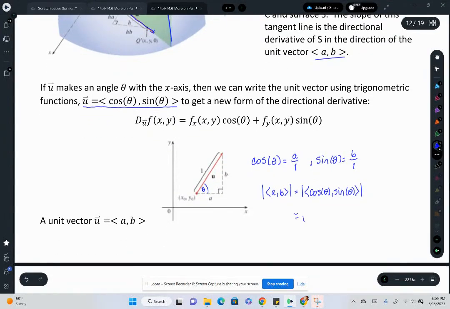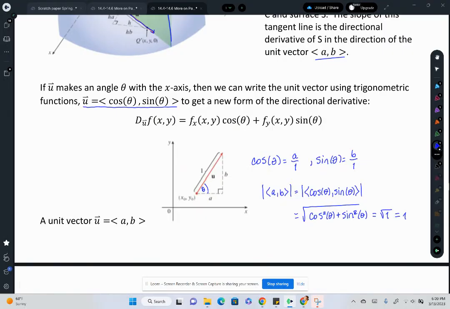The magnitude says we take the square root of the sum of squares of the components inside of the vector. And so that means we're looking at the square root of cosine squared plus sine squared. And our Pythagorean identity says this is just the square root of 1, which is 1. And so that's why cosine and sine of the angle work as a unit vector, because their magnitude will give us 1.